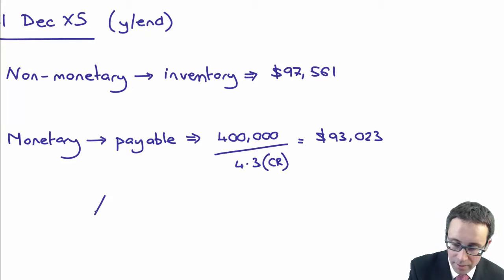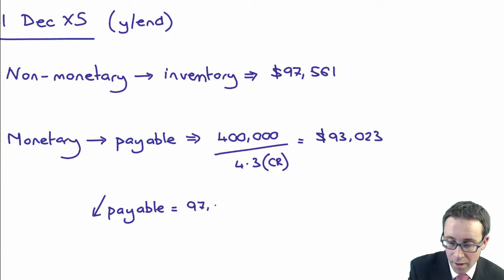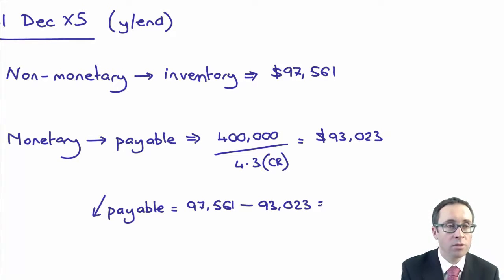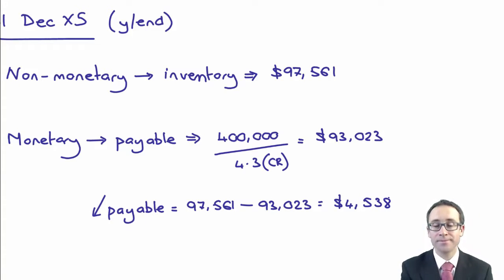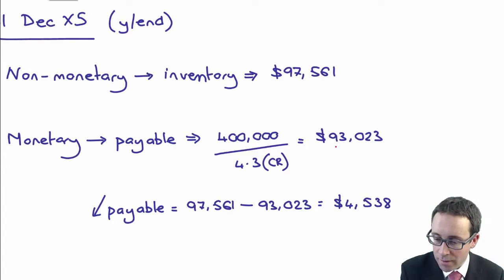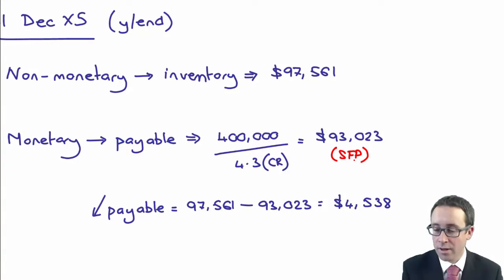So what you have there is a reduction in your payable from 97561 to 93023. Does that give me 4538? Okay. So that's the movement in the payable, isn't it? Yeah, we've retranslated it. It will be shown on the statement of financial position at 93023.